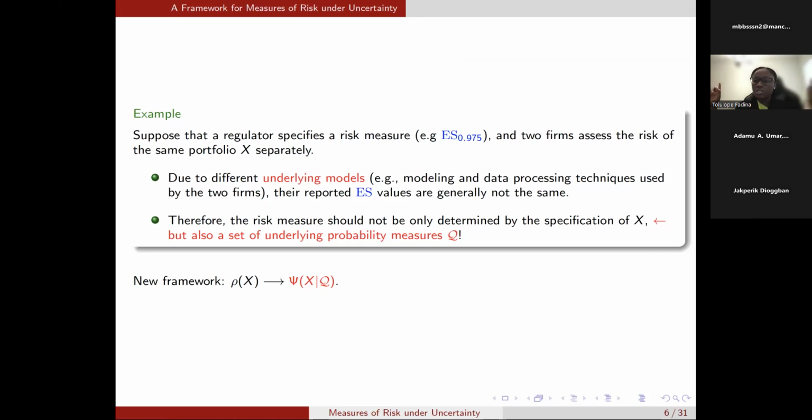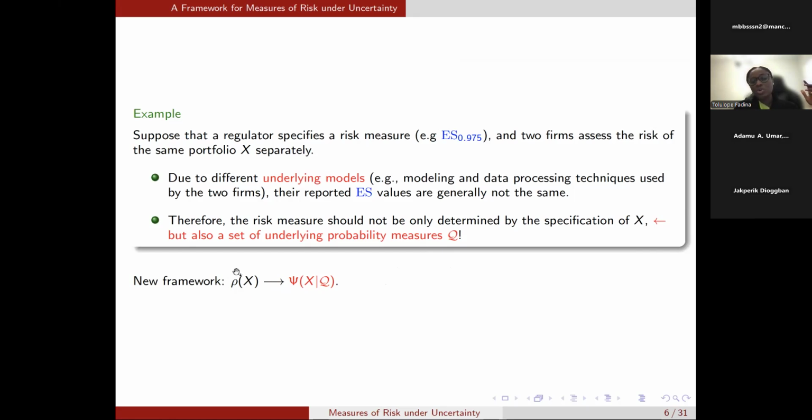Because this portfolio, even though it's the same, is given to two different firms with different modeling techniques, they are likely going to report different values for the expected shortfall of 97.5%, even though they are given the same portfolio. That is one of the motivating examples, which tells us that when one is trying to compute the risk measure of a portfolio, one should actually consider different probability measures or different scenarios, which in this case we are going to denote by Q.